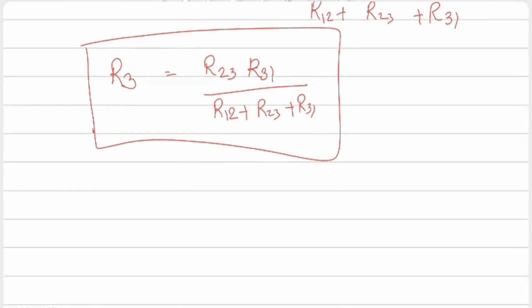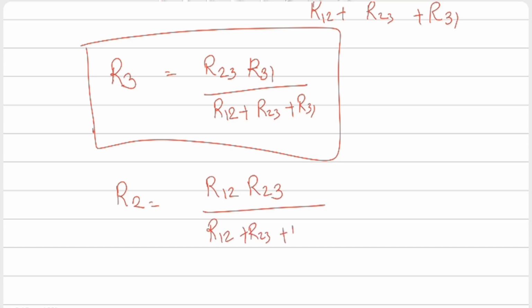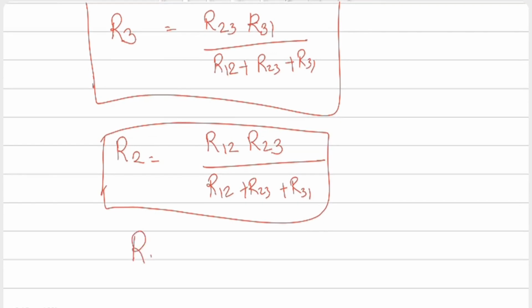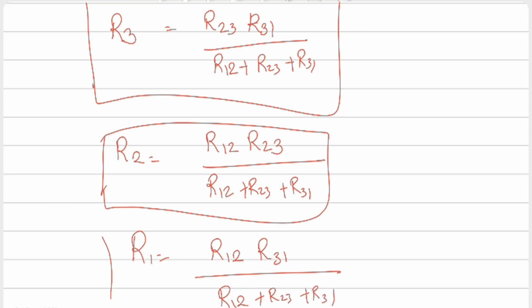Similarly, we'll get R2 equal to R12 R23 divided by R12 plus R23 plus R31, and R1 equals R12 R31 divided by R12 plus R23 plus R31.